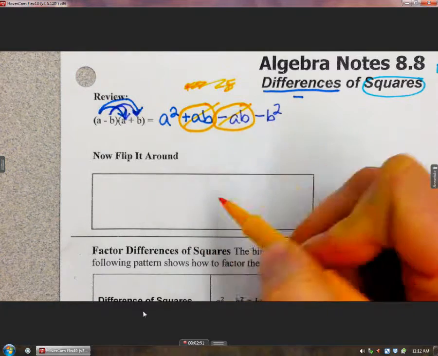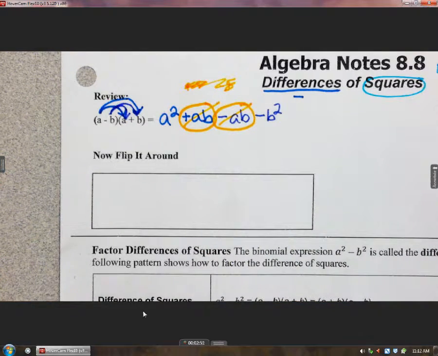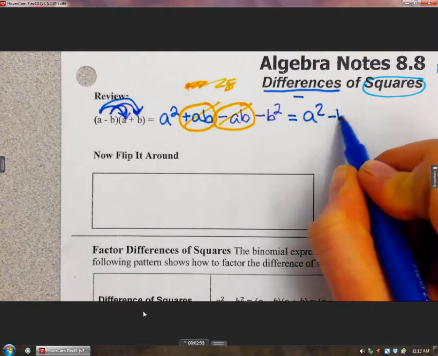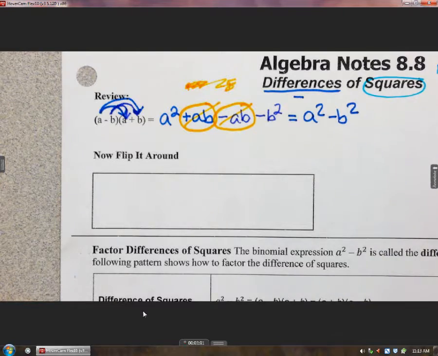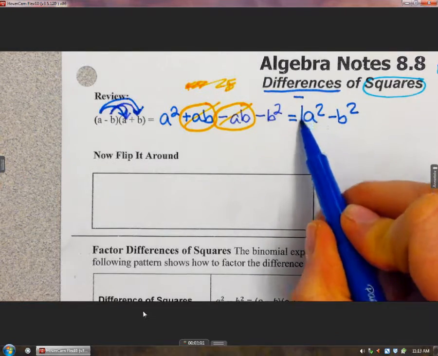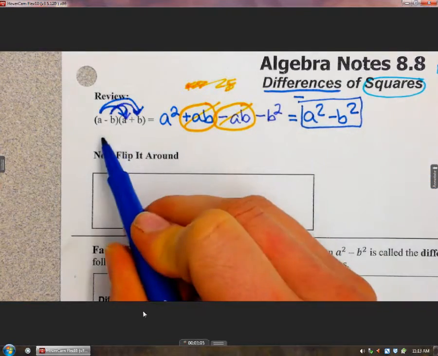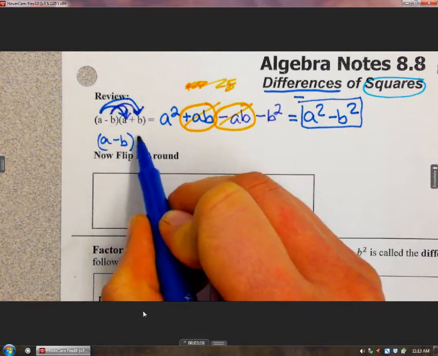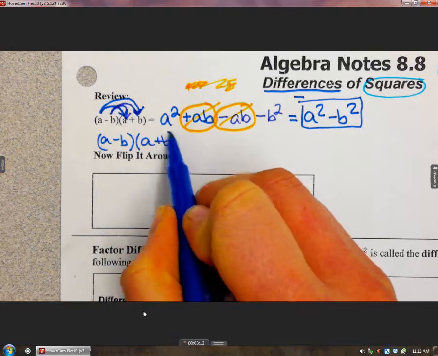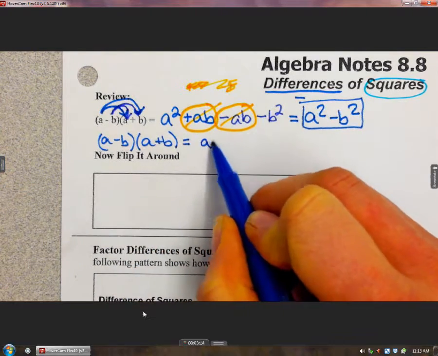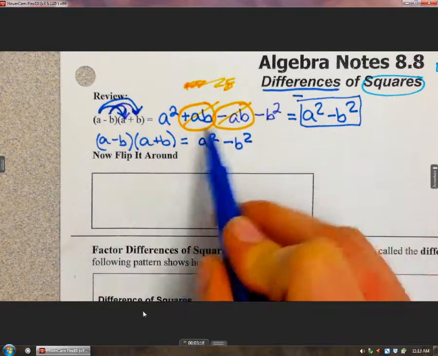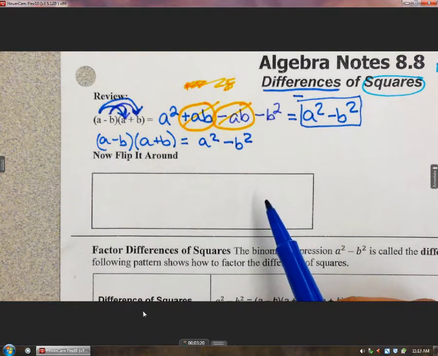So these middle terms cancel out. That leaves us, as a final answer, with a squared minus b squared. So this whole rule gave us that a minus b times a plus b is equal to a squared minus b squared. We could say that based on the math we just showed.